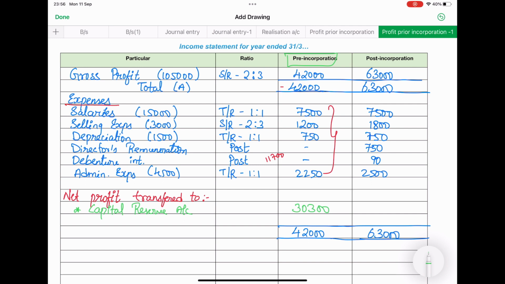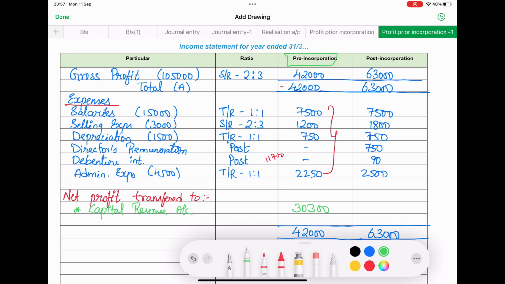Now we are going to calculate for post incorporation. Post incorporation is very simple. In the same way we calculated the pre incorporation, your revenue minus your expenses. Easy.